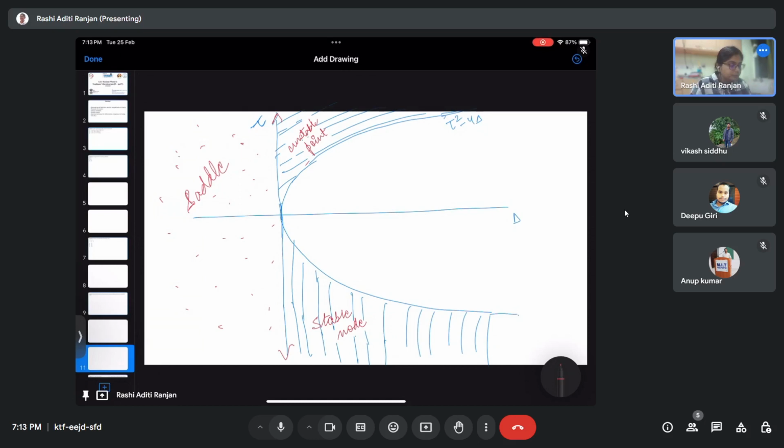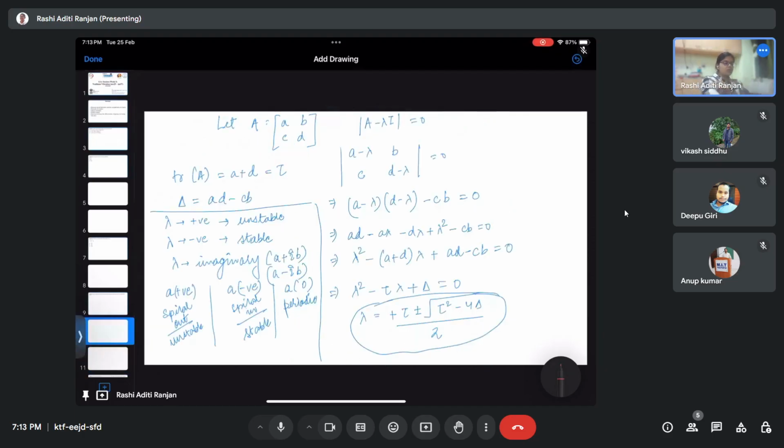Okay, coming on to this, we will see tau square minus 4 delta. Here we have, right? So we are now inside, which means that we are going to have an imaginary value with ourselves. Along with the imaginary value, our tau is going to be positive or negative.